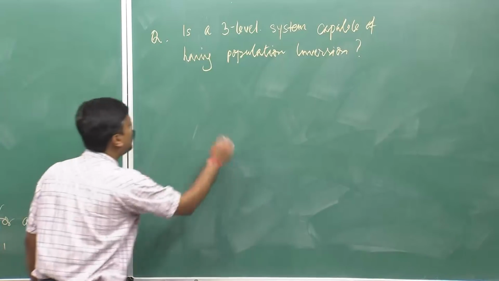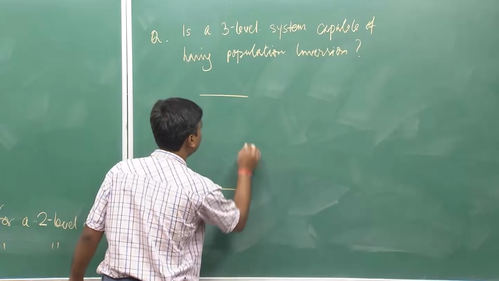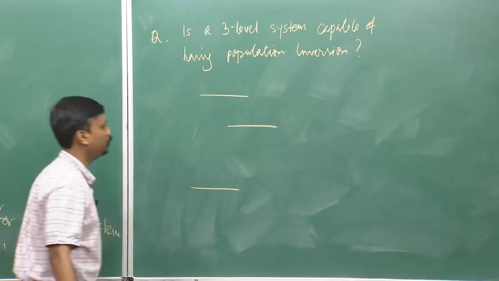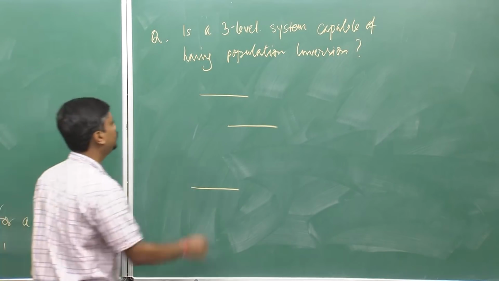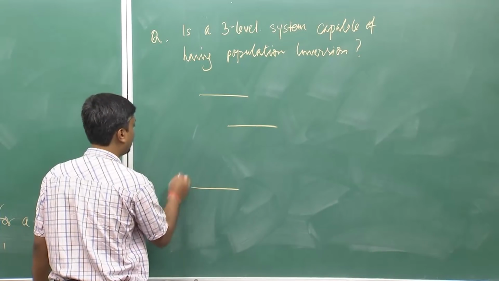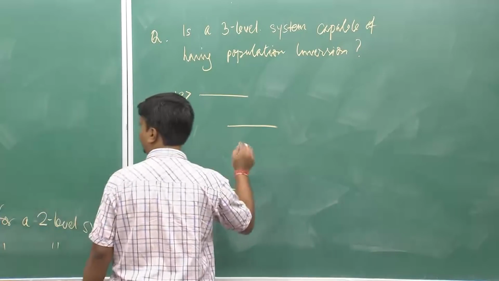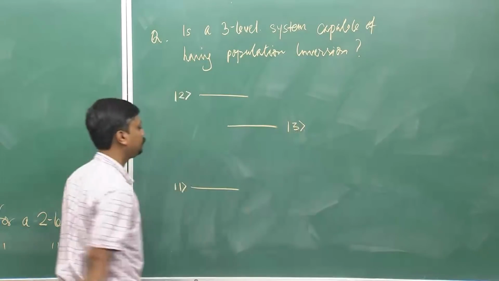So, if I draw a three level system, just for clarity I am drawing in this fashion. Okay. This has nothing to do with the actual energy level picture. So, I have state 1, I have state 2, and I have state 3.